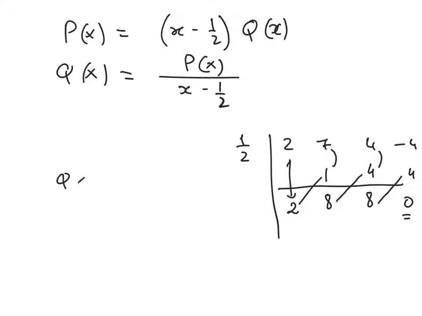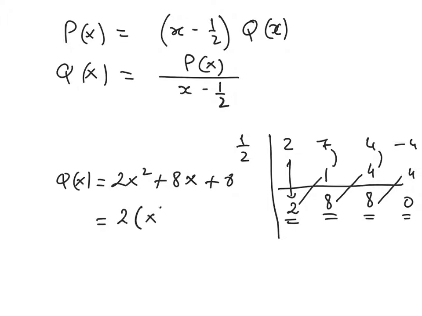So q of x is equal to 2x^2 plus 8x plus 8. Now we need to factor q of x, which gives 2 times a perfect square, x plus 2 squared.